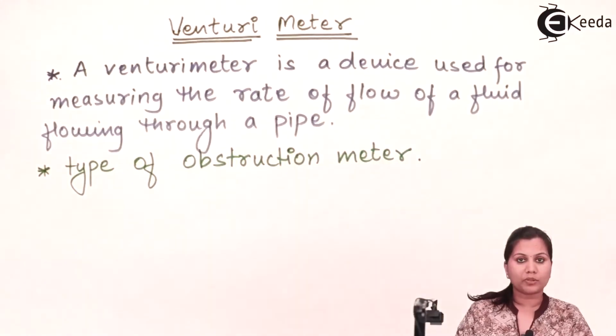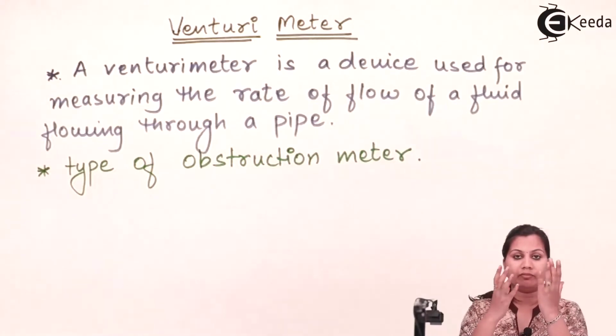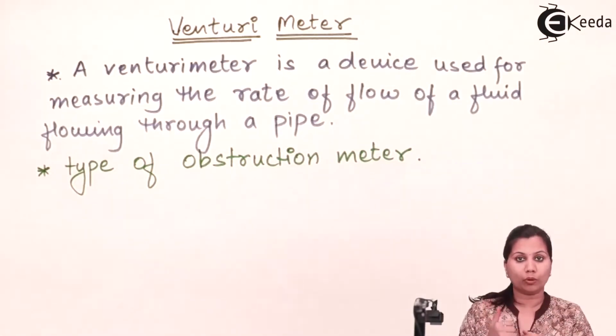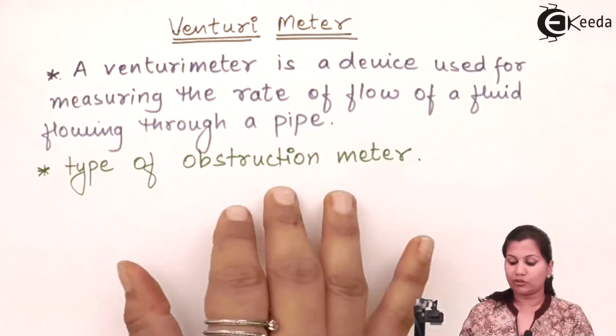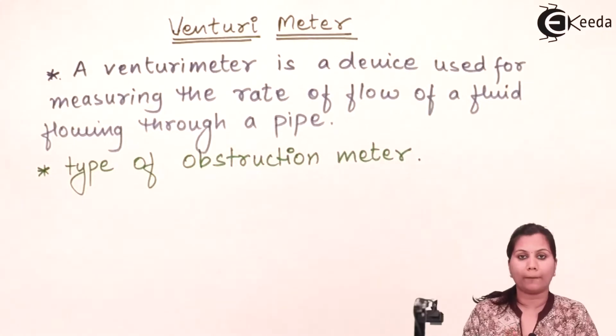It is called an obstruction meter because when this device is placed in the pipe in which the fluid is flowing, whose flow rate we want to measure, in that pipe this Venturi meter acts as an obstruction or as an obstacle.